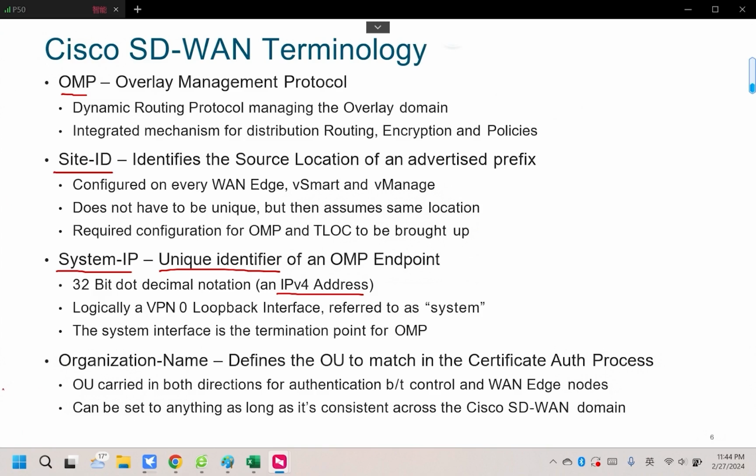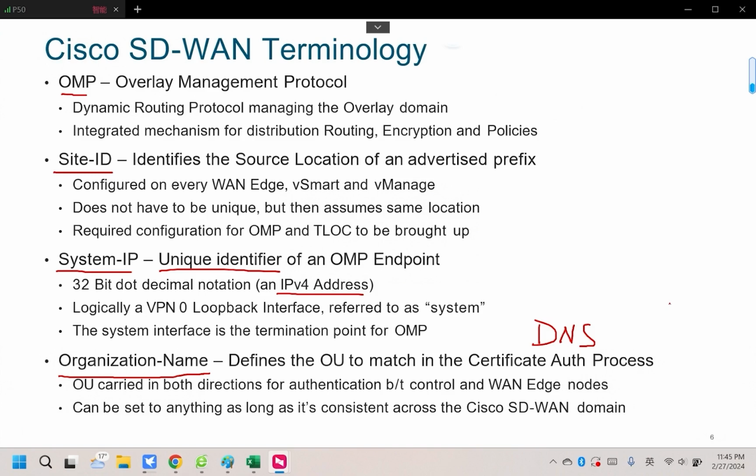The next term is the organization name. Very important. It is similar to the traditional sense of a name that can be resolved by DNS. We know that on the internet we use DNS to resolve a website or a site name. This site name must be unique.